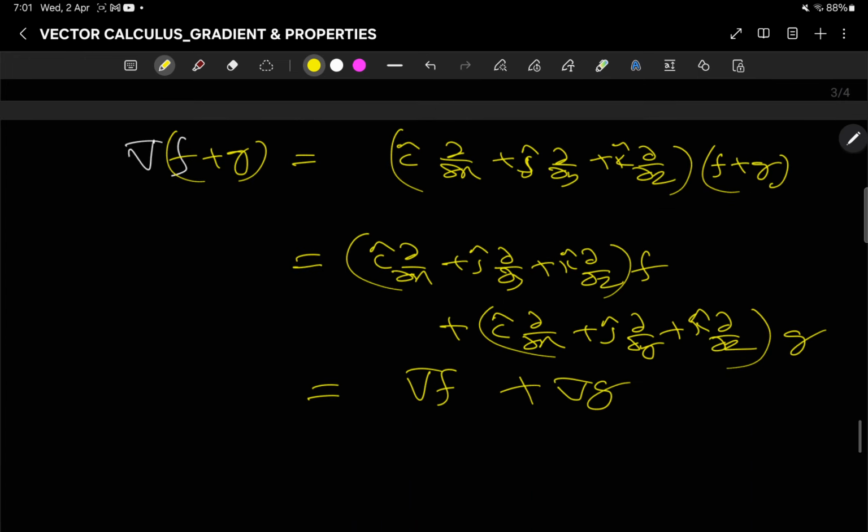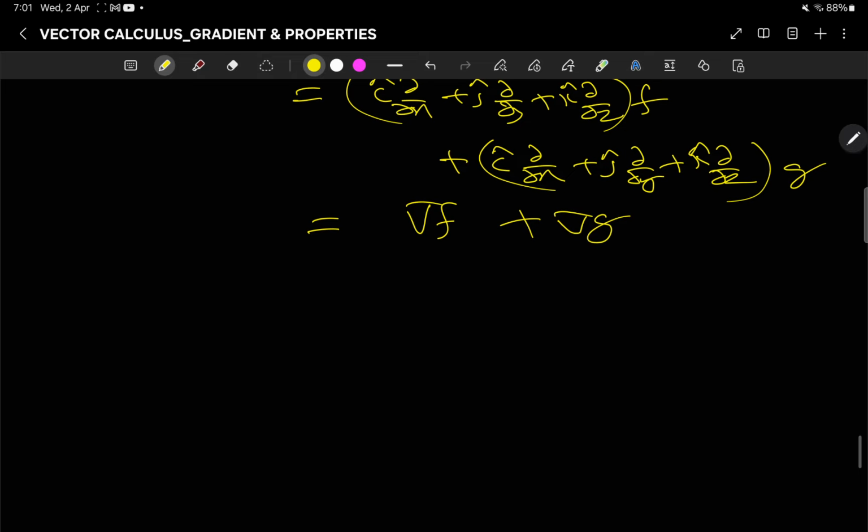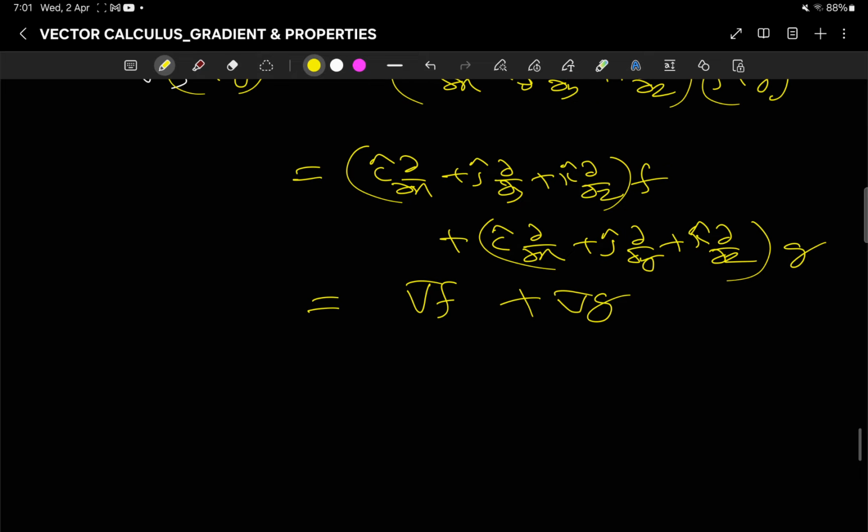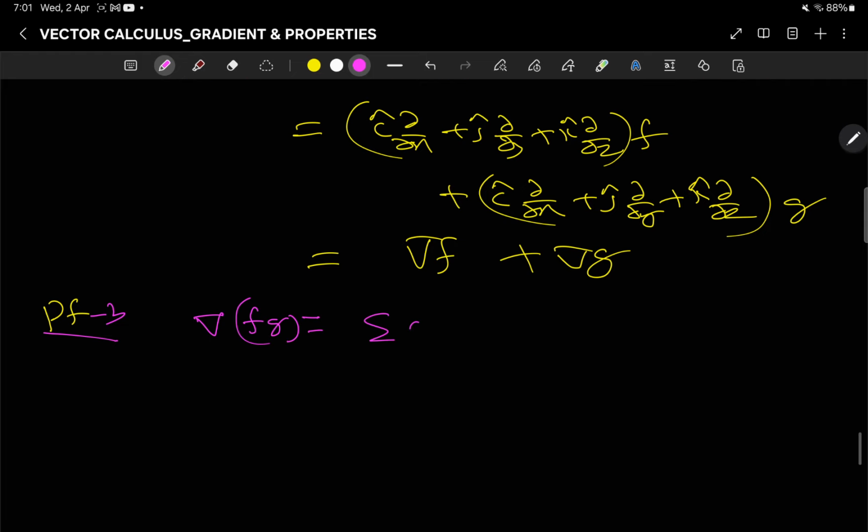So now coming to the proof of 3, it is del of fg. So this will be summation of i del by del x of fg. Now this is simply the properties of the derivative.